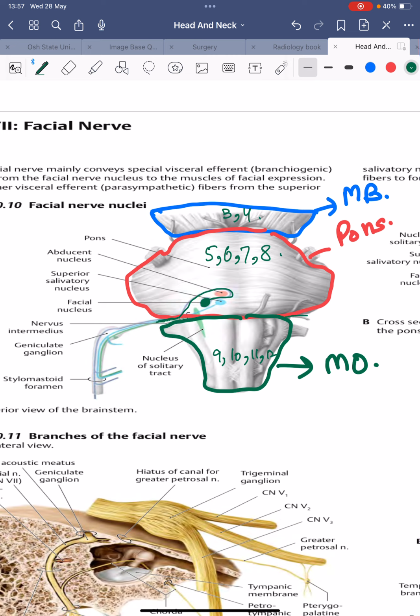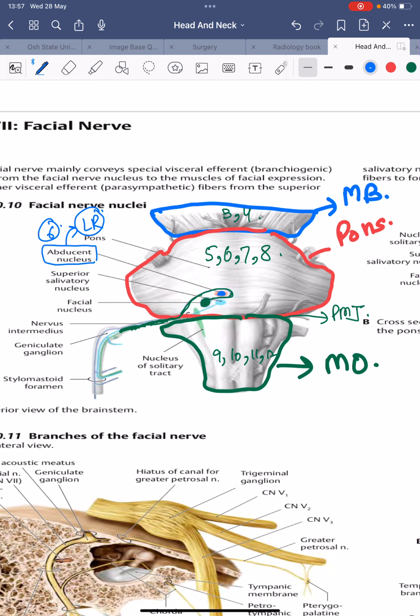This is your pontomedullary junction. Now the facial nerve fibers are exiting outside like this. The nerve I am highlighting in blue color is your sixth cranial nerve, the abducens nerve, which innervates the lateral rectus muscle of the eye.